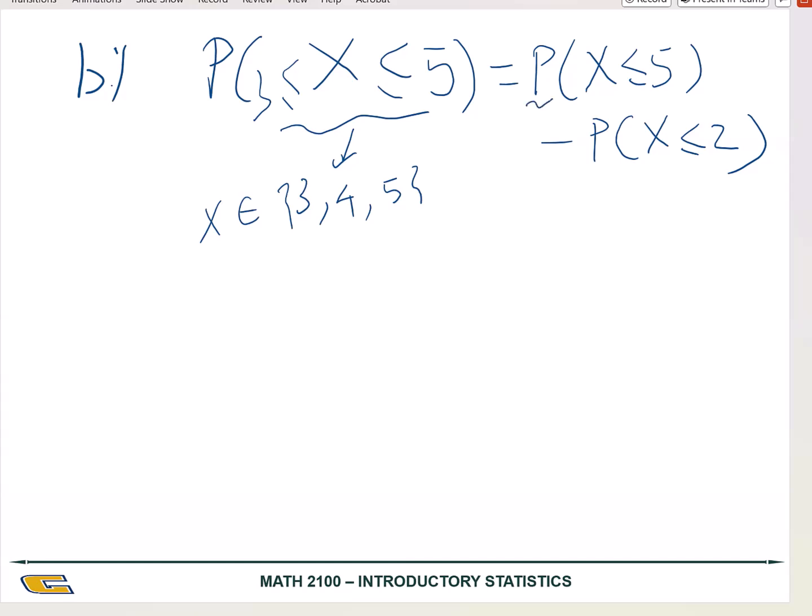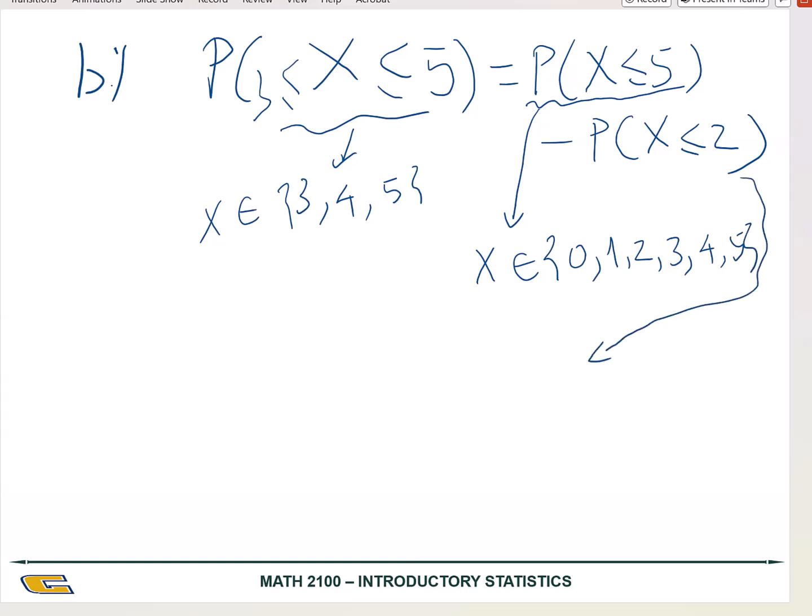How about this event? This event is X less than or equal to 5, which means X belongs to 0, 1, 2, 3, 4, 5, right? And how about this event? X less than or equal to 2, which means X belongs to 0, 1, 2, right?